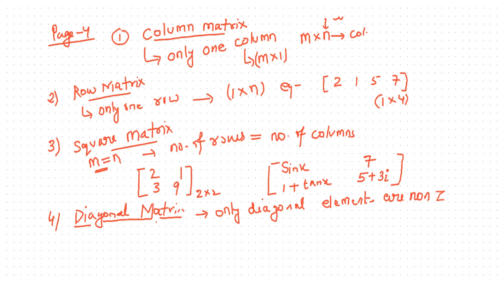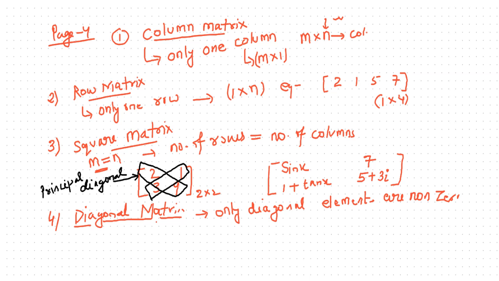Now consider this earlier matrix in the example of a square matrix. Now I will mark this for you. The elements 2 and 9, this is called diagonal, or to be more precise, it is called principal diagonal. We are also having another diagonal, but this one is not the principal diagonal.